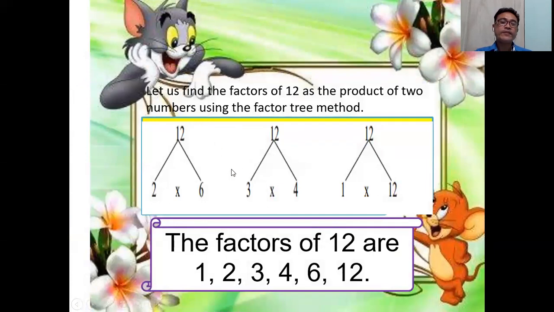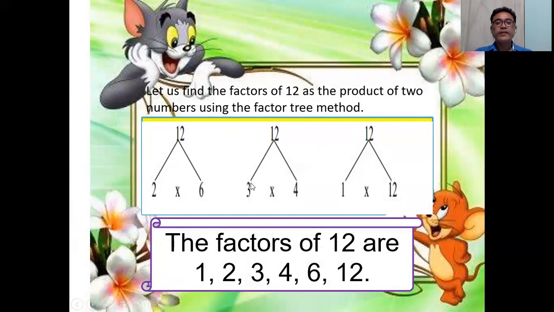Let us find the factors of 12 as the product of two numbers using the factor tree method. We have here 12 and the factors of 12, which is 2 and 6.